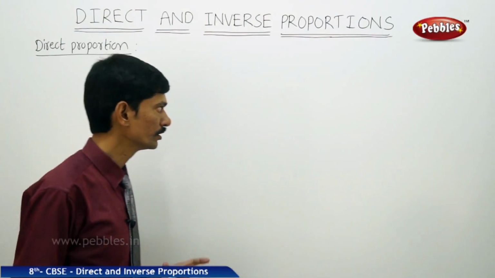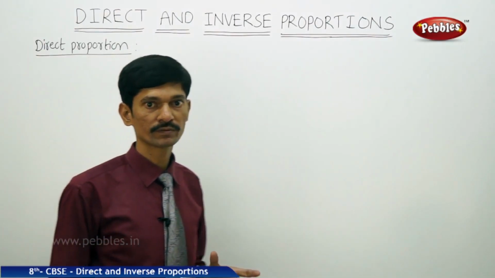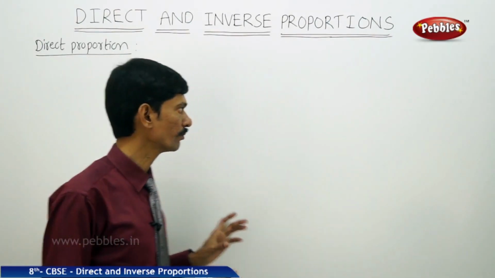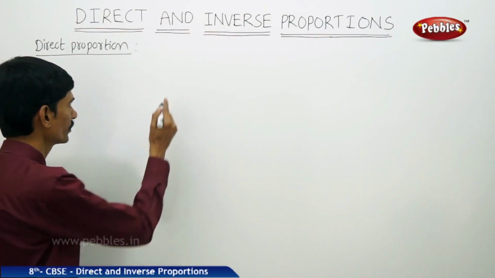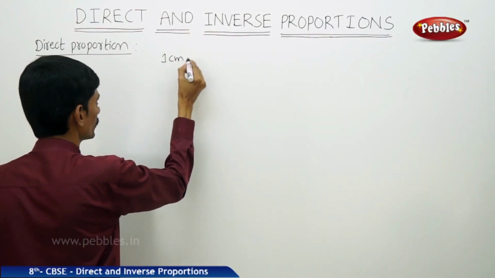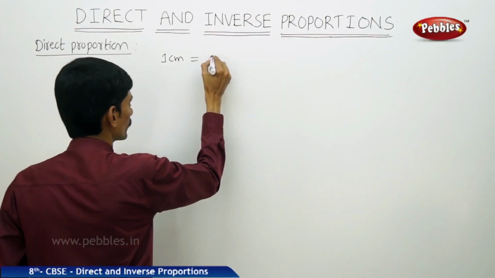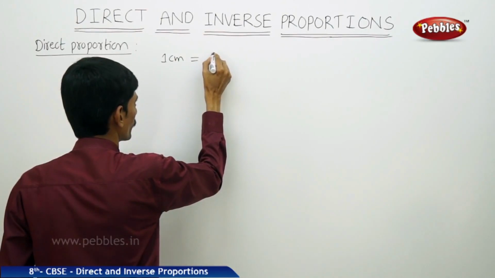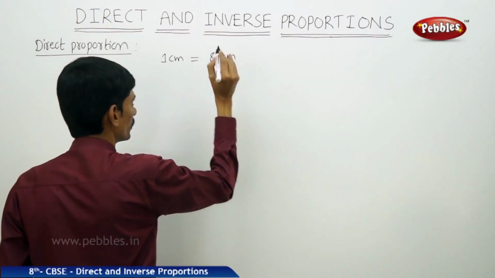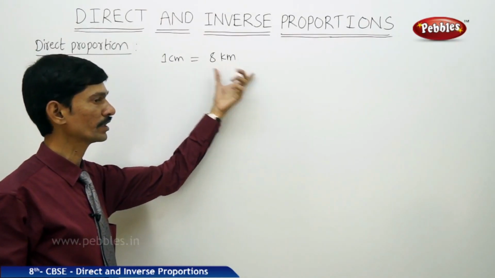So we usually choose a scale, and for every map the scale will be shown at the bottom of the map. For example, on the map if you take 1 centimeter, then the actual distance will be, for example, 8 kilometers.